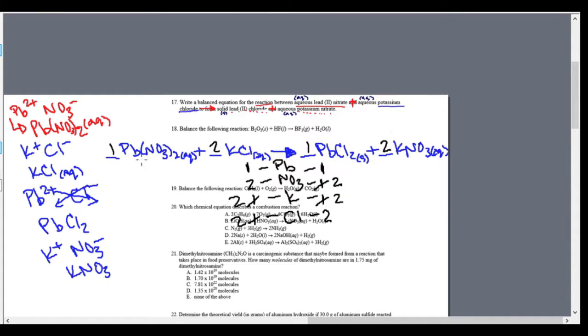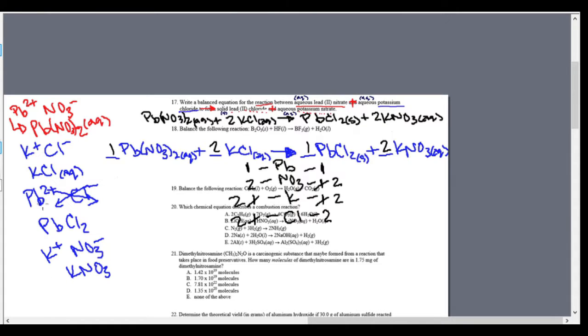So our balanced reaction would actually be Pb(NO3)2 aqueous plus 2 KCl aqueous to form PbCl2 solid plus 2 KNO3 aqueous.